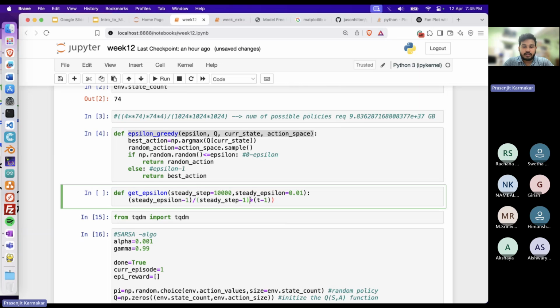So just keep this entire thing as a bracket and another bracket for the multiplication and then plus 1, right? And this should give you epsilon.